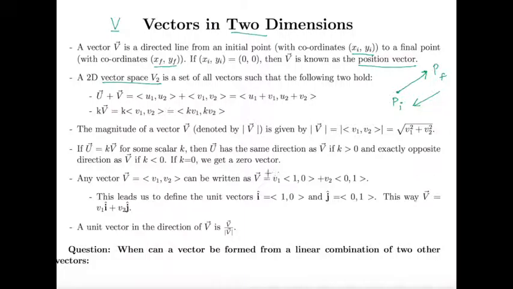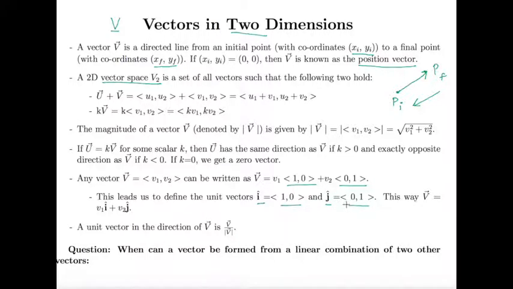Okay, then any vector (v1, v2) can be represented by v1 times (1, 0) plus v2 times (0, 1). So it is convenient that we can now define two unit vectors. Note that the magnitude of each of these is 1. We can define two unit vectors, one as i, which is (1, 0), and one as j, which is (0, 1).